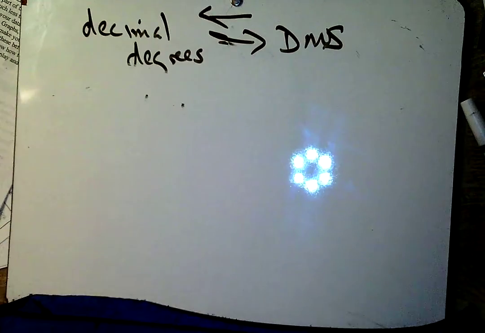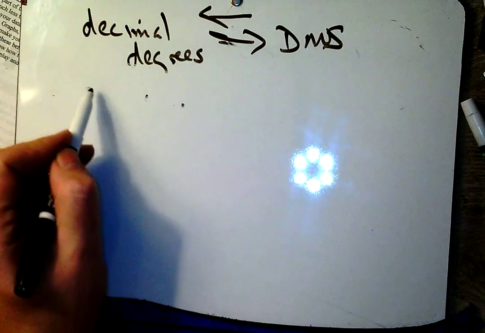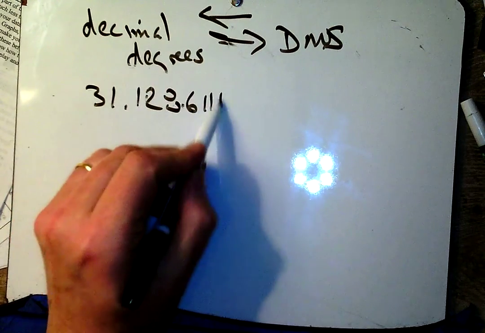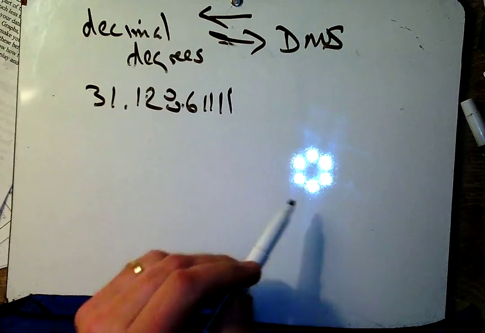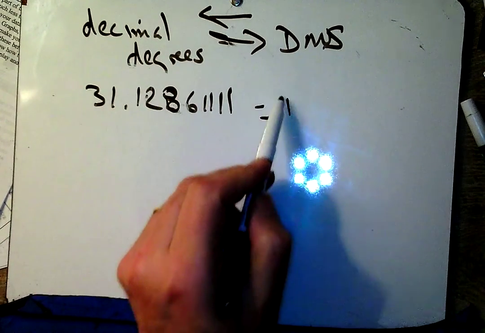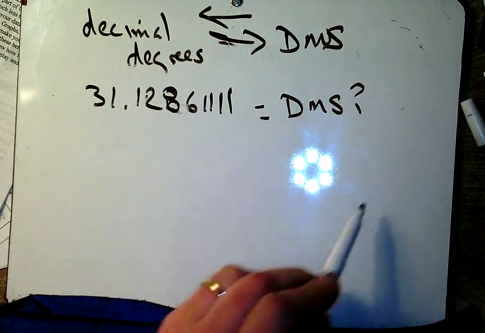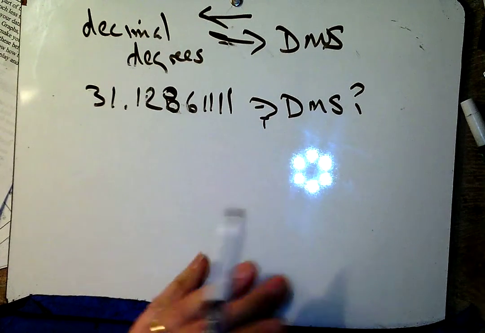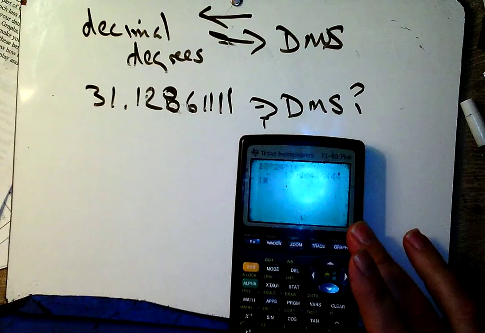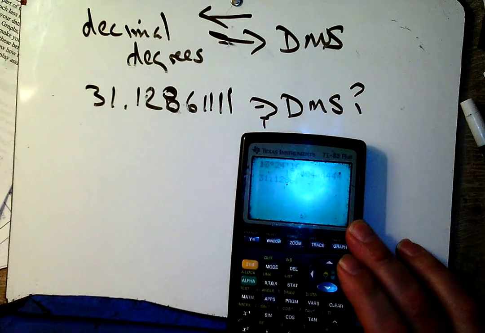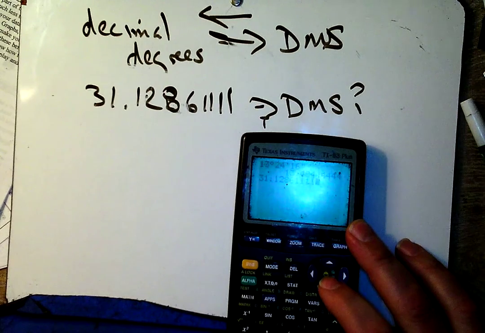How about we go the other direction? How about I give you decimal degrees, 31.1286111, and you tell me DMS. Do you remember how to do that? You type in that angle, 31.1286111.